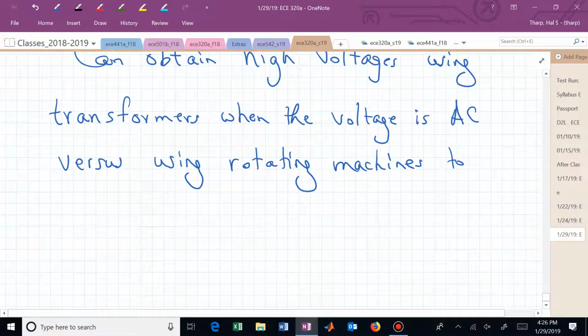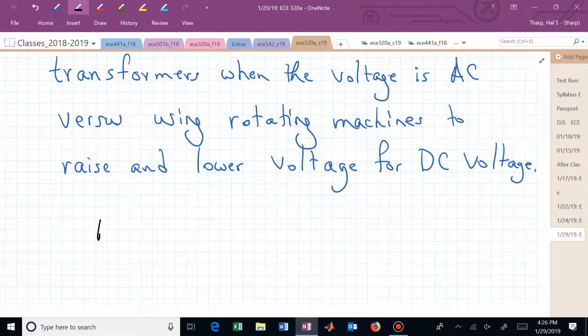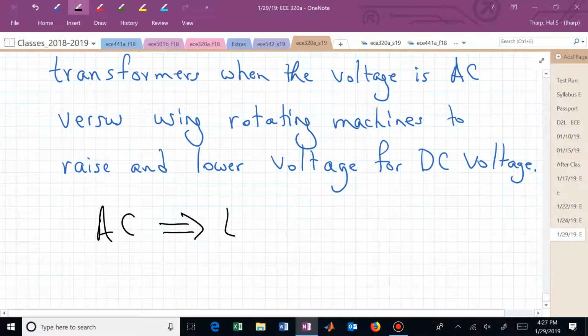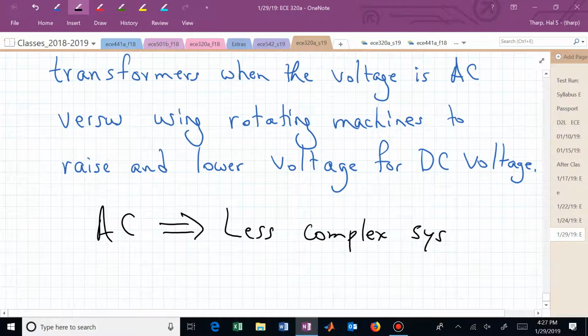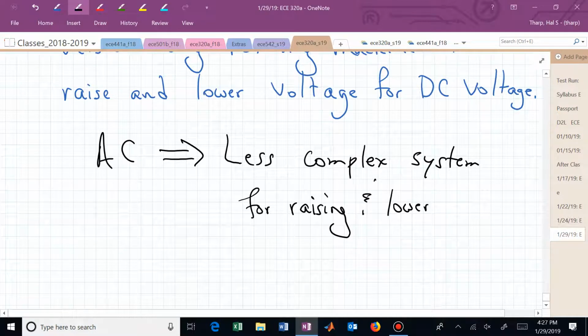So AC says that we have a less complex system for raising and lowering voltage. We can do it with a transformer.